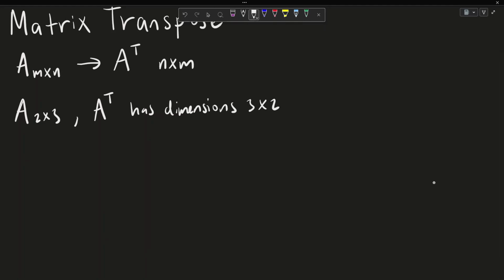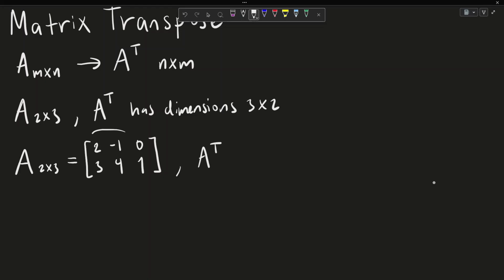If we have a 2 by 3 matrix A that is equal to 2, -1, 0, 3, 4, 1, the resulting matrix A transpose, which has its rows flipped with its columns, will have dimensions of 3 by 2, and it will now look like this.